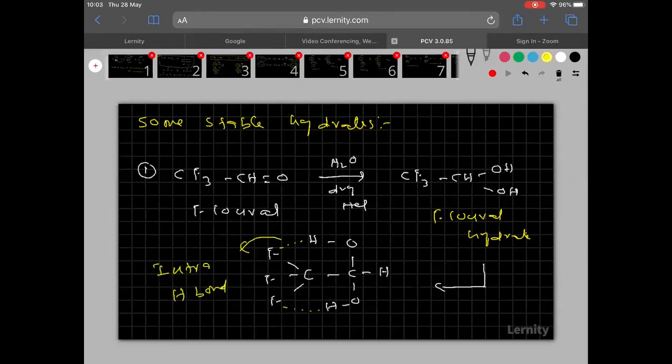So due to this intra-H bonding, this fluoral hydrate is a stable molecule. That means what happened here? Though two OH groups are there on the same carbon, the water molecule cannot be eliminated from this one. It is a stable one because of intramolecular hydrogen bonding.